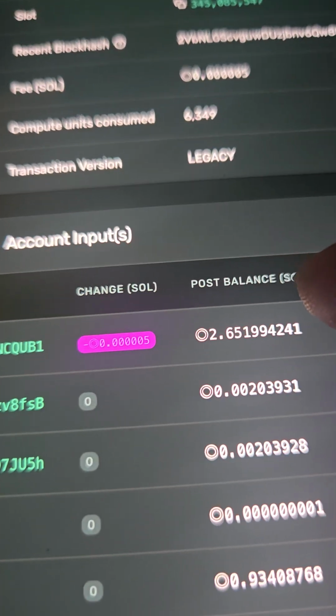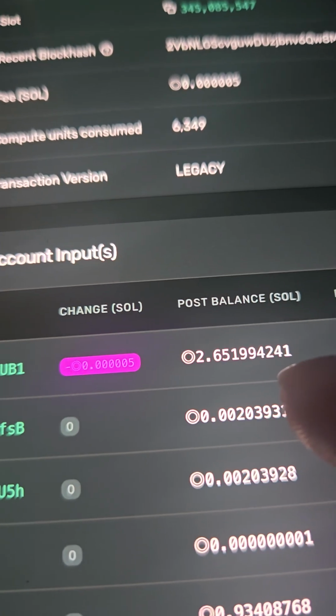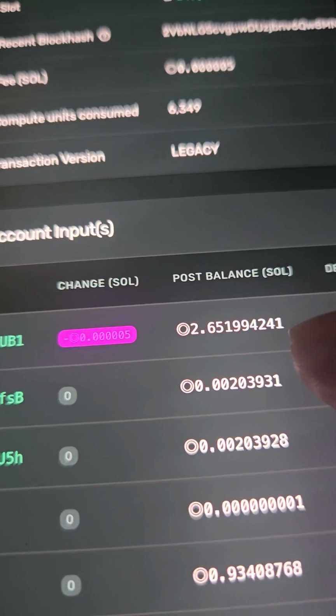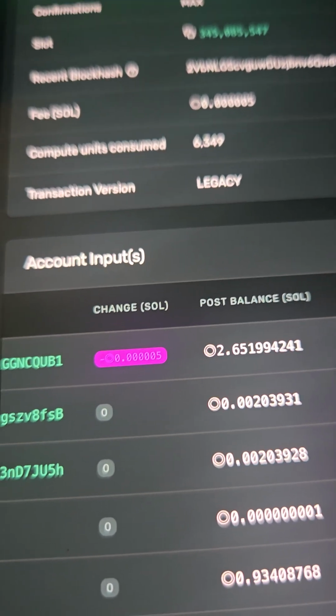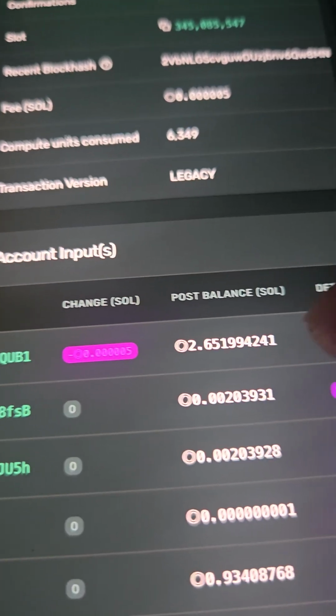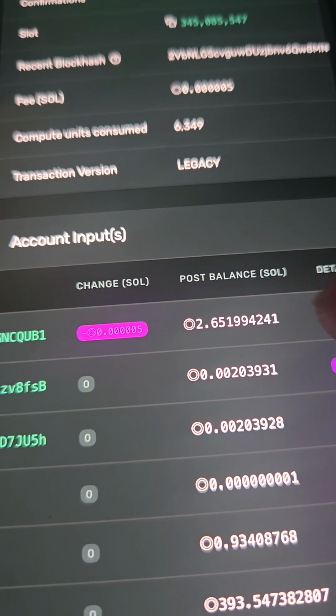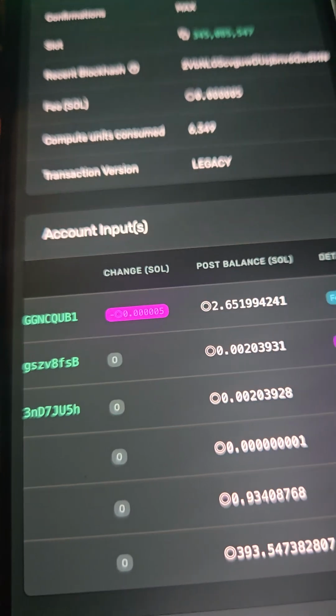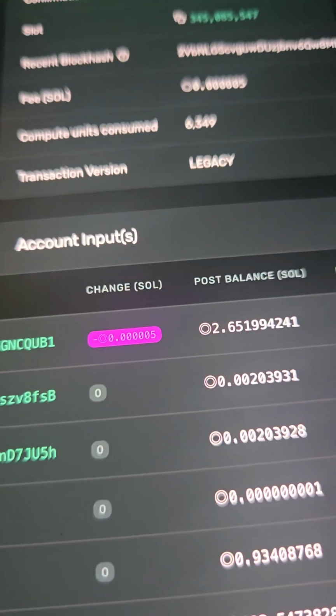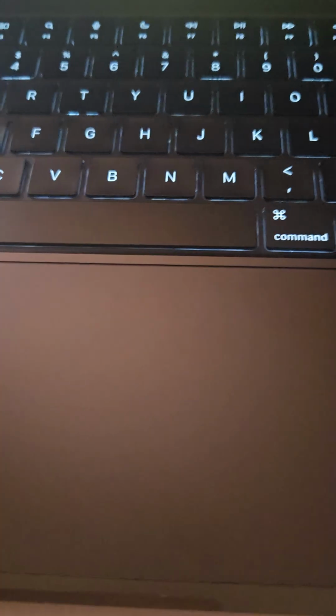And then you look at the balance, post balance, which is 2.65 Solana. That's why it says SOL here. So after this transaction is sent, there's still 2.65 Solana in this account. And the way you know how much money that is, you would have to know the price of Solana. So the price of Solana today, as we looked at again, is 150, right?